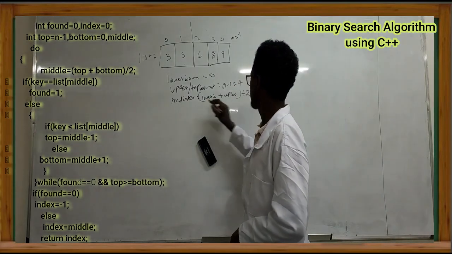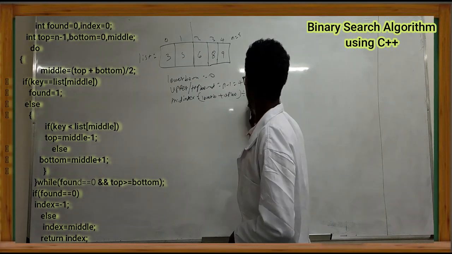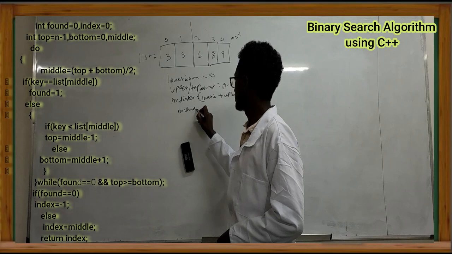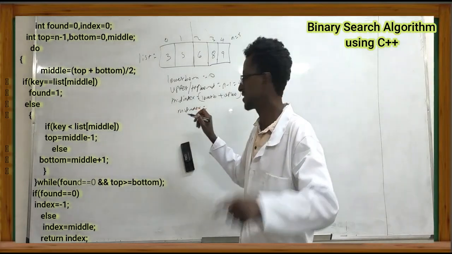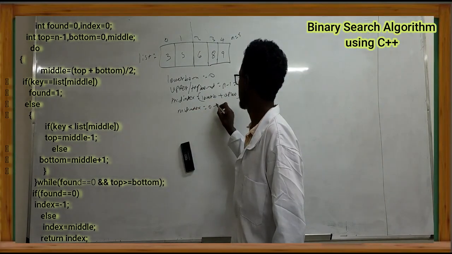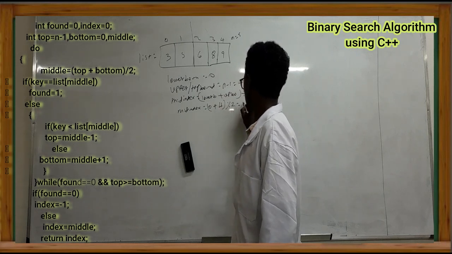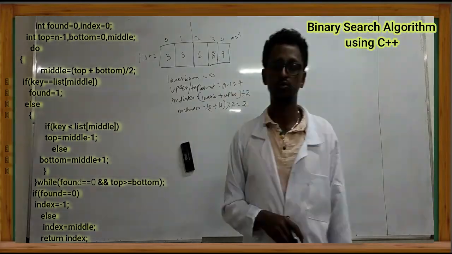In this case, the mid index is equal to the lower bound, 0, plus the upper bound, 4, divided by 2, which is equal to 2.